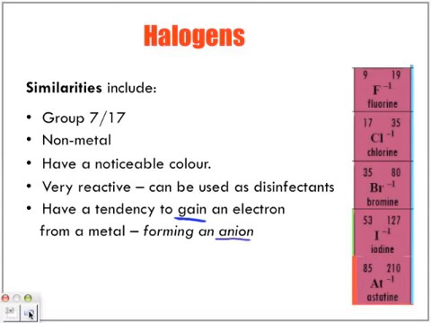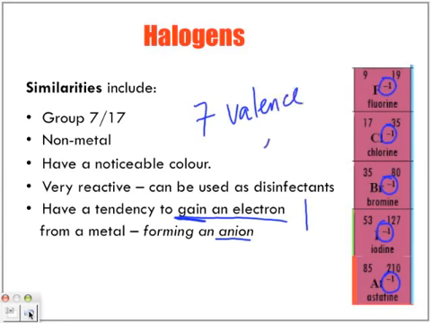Notice how they all have a -1 charge because they have gained one electron. Another thing that's not shown here, they all have 7 valence electrons. As I said, you're going to see this hint as we're talking about it.